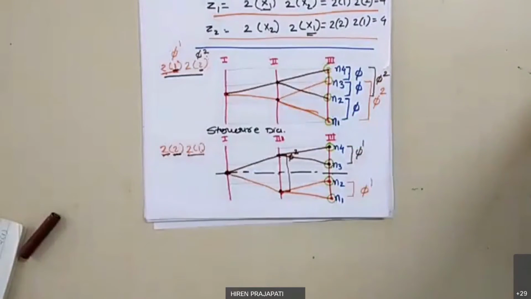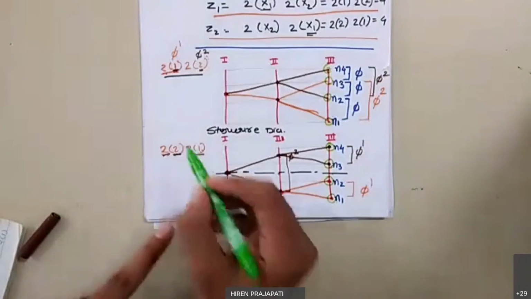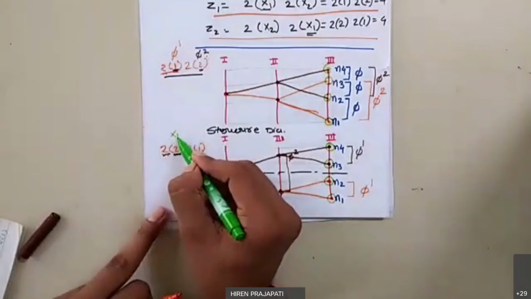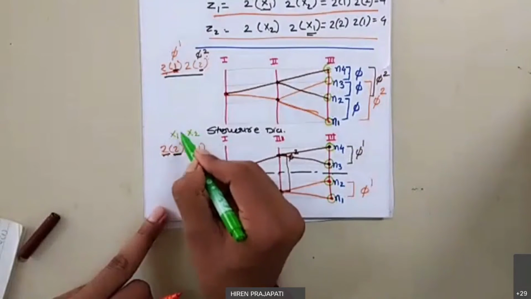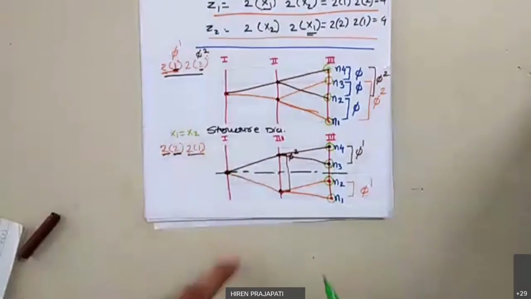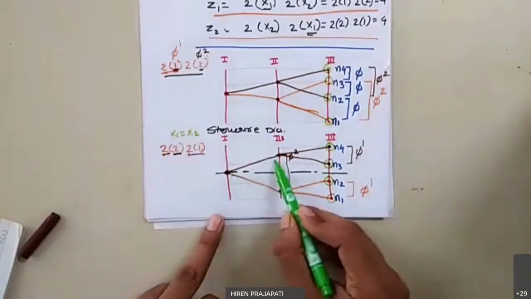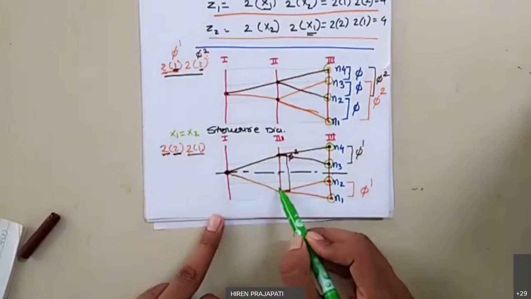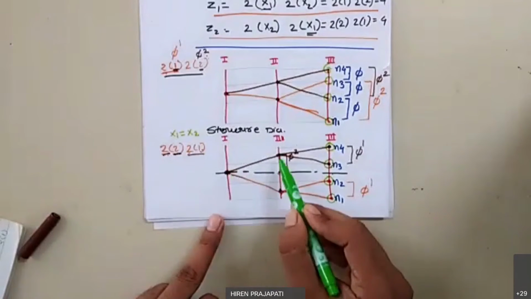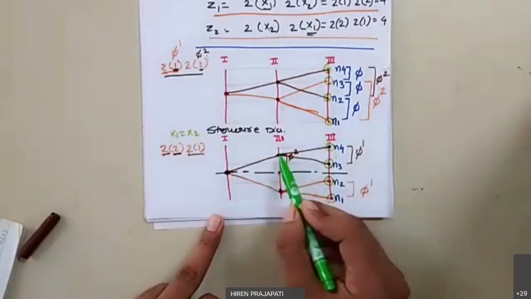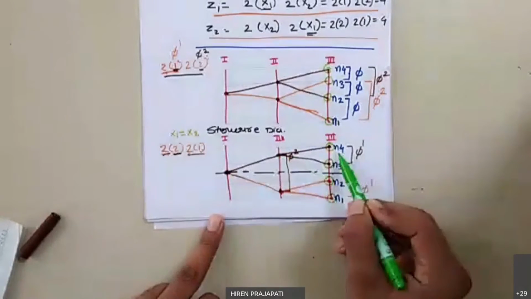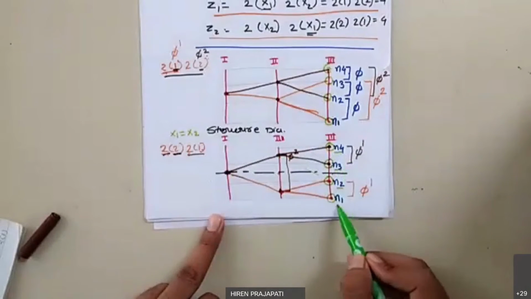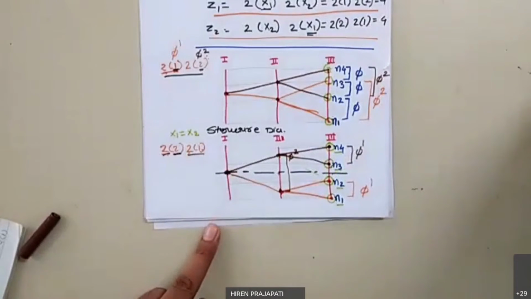Now in the previous session, one question was asked: if we keep x1 and x2 the same, then what happens? Just see here. If this is 5:1, this is 5:2, and at the end again if I keep 5:2, then we will not get the predefined RPMs. Is it clear?